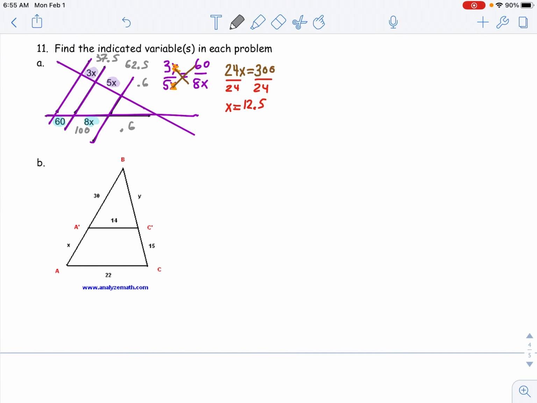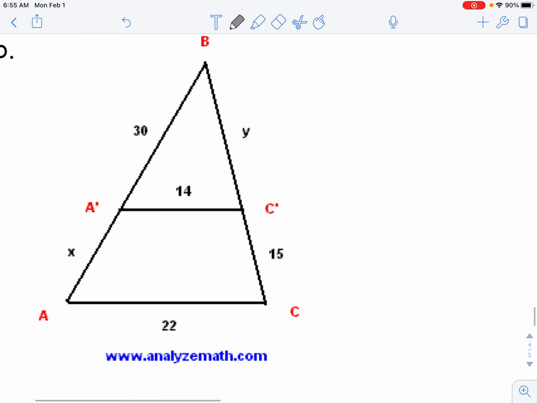And this one right here, we got to find x and y. All right, so I'm a little confused. What should I do? I don't really know. Looking right here, I don't think I can find x first, or can I? Well, look at this. Let's just focus on this small part right here. We can say, well, that's clearly 30 over 14.